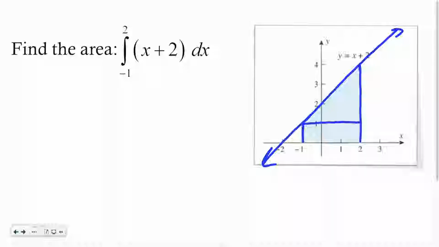No. This rectangle has area 3, and that triangle has area 9/2. So the area under the curve would be 7.5. Okay.